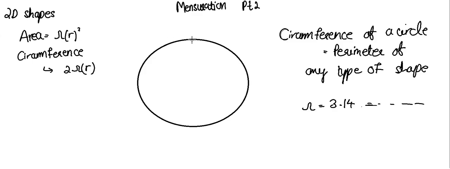If I draw a line from one end of the circle to the other end, this is a line that is traveling throughout the circle, and it starts from one end of the circle and ends on the other one. This line is called the diameter.